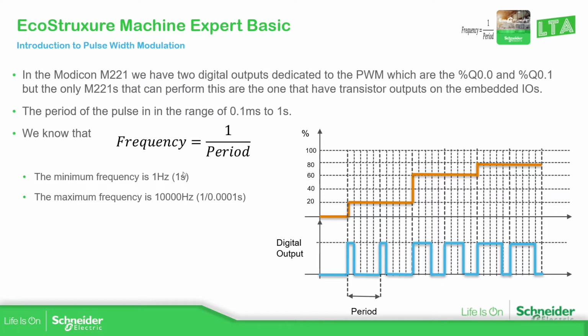For 1 second, the minimum frequency will be 1 hertz, and for 0.1 milliseconds, if this is the formula, it would be 10 kilohertz, the maximum frequency related to the period of the signal.